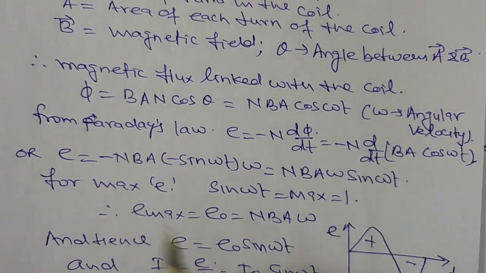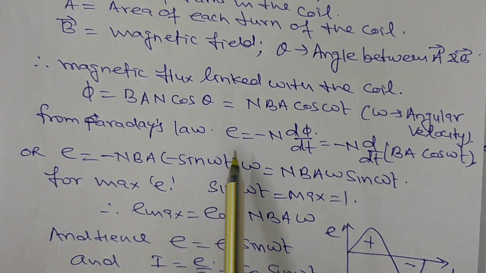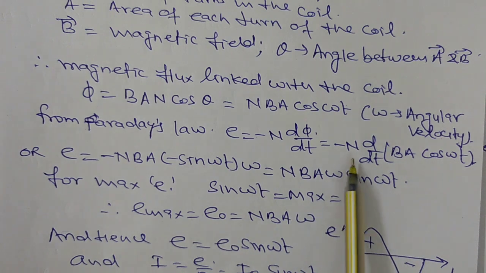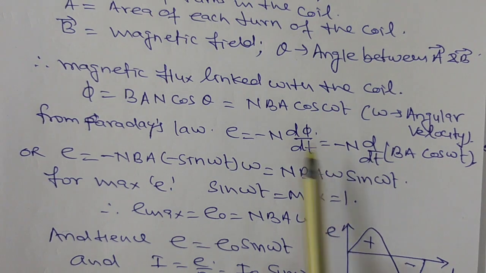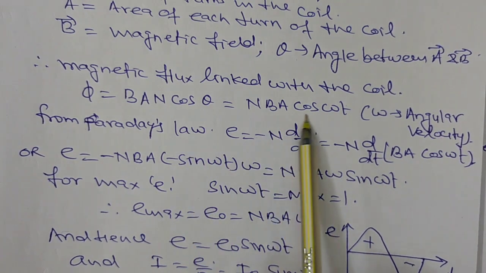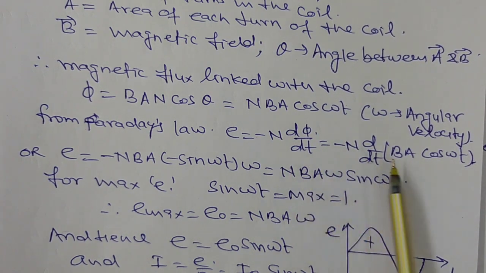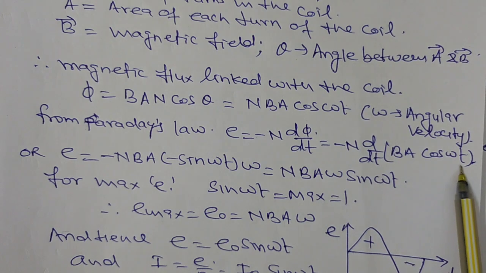Right? Now from the Faraday's law, E is equal to minus n d phi upon dt, is equal to minus n d upon dt. Phi की वैल्यू हमारी n ba cos omega t. This n is common, this constant take outside, and this is b cos omega t.